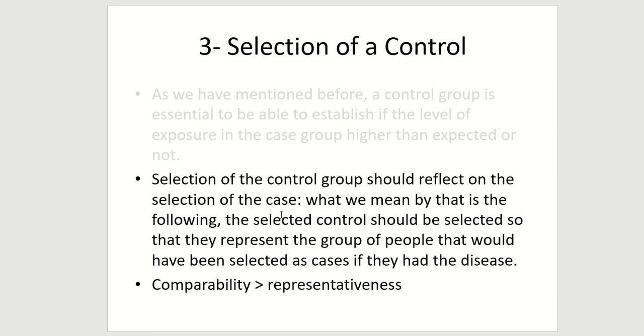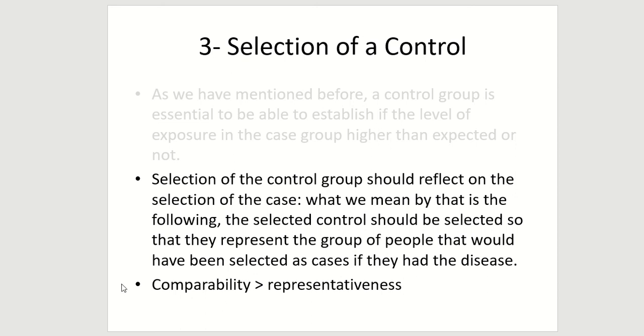And when I want to get the controls, I get them from the public hospitals. Automatically they are going to be different with regard to socioeconomic status. You can't then say socioeconomic status is a risk factor for the outcome. No, you selected them that way. You forced a difference between the cases and the controls. Therefore you try to limit that by replicating the selection procedures of the cases.